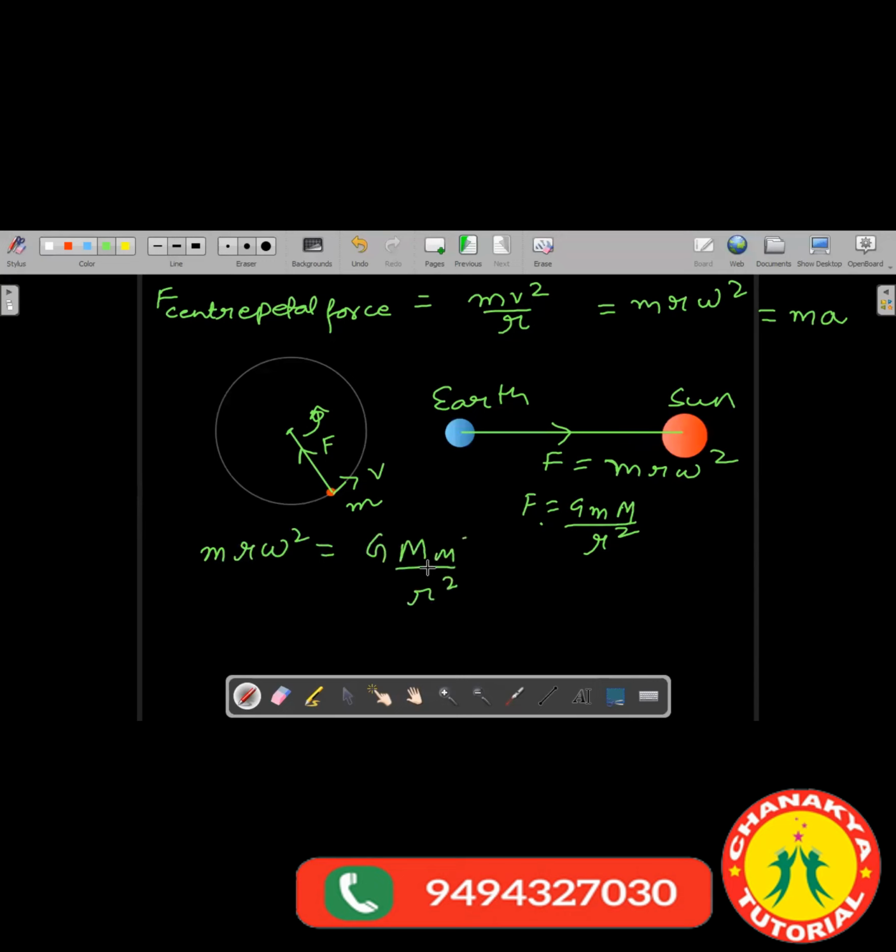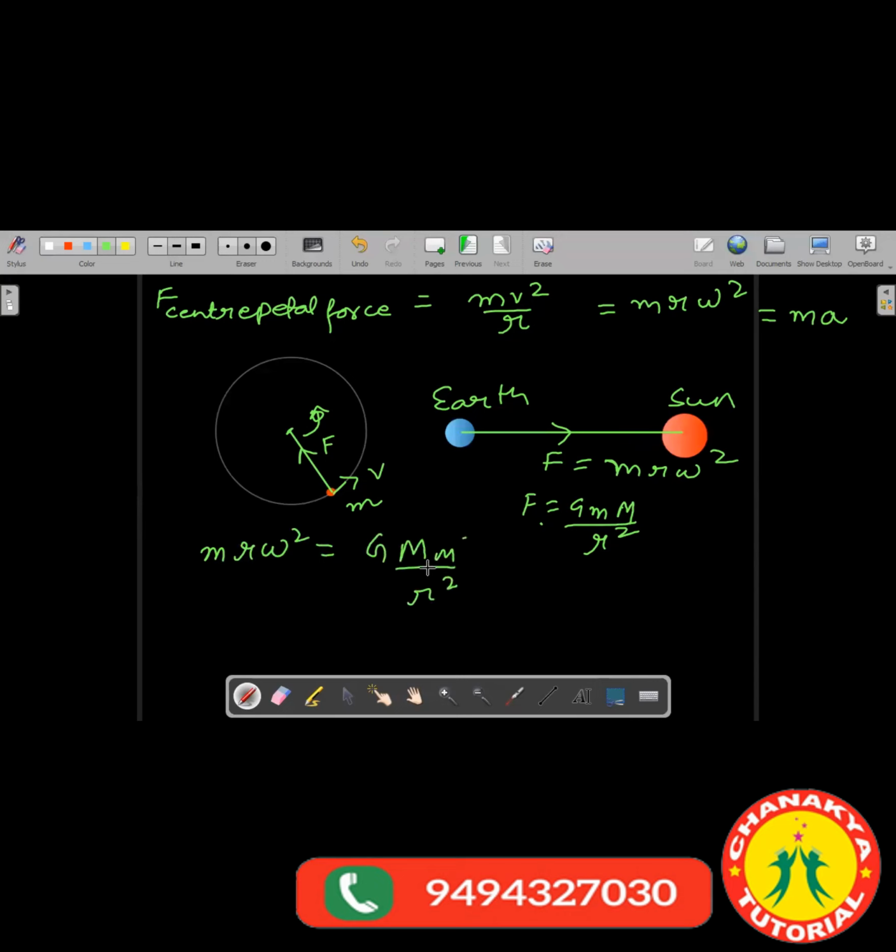Now let's say it's rotating in a circle, and as we observe, the movement of the car is circular, right? We observe that when the car is moving in a circular path, its movement is circular in nature. It is going in a circular path of radius r, and suppose you have your car here.